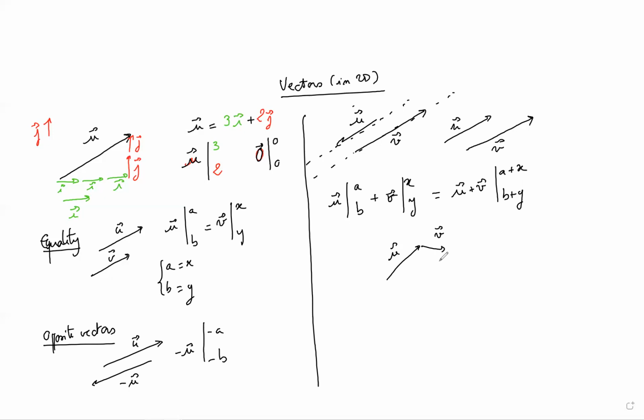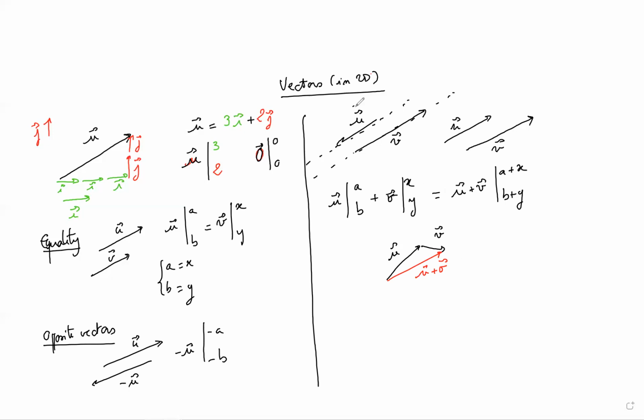So your total vector, the sum of them, U plus V, will be here. Same thing for subtraction. If you subtract the vectors, you will subtract the coordinates.